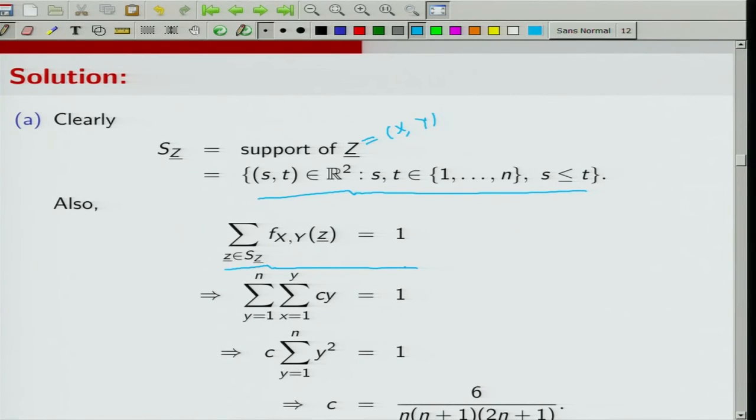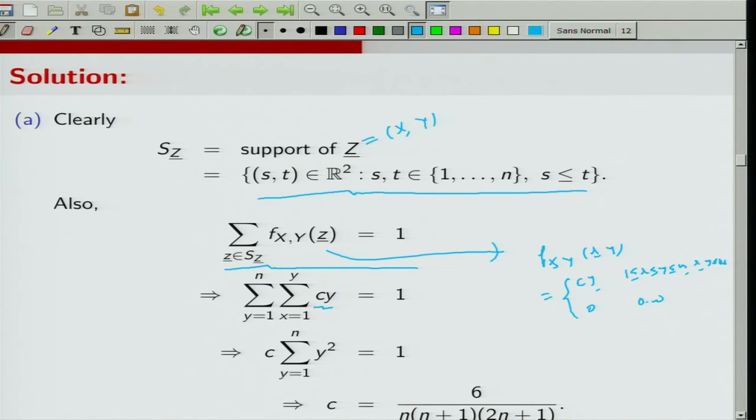The first argument is always less than or equal to the second argument. So f_{X,Y}(x, y) is c·y if 1 ≤ x ≤ y ≤ n, 0 otherwise, and of course x and y have to be natural numbers.